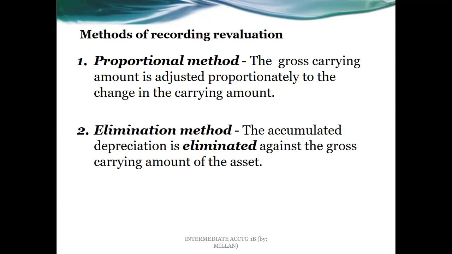So that's 3 over 10, that's 30%, assuming that the cost is 100%, meaning to say the carrying amount is at 70%. 100% minus 30% respectively equals 70%. So that's going to be the resulting carrying amount.